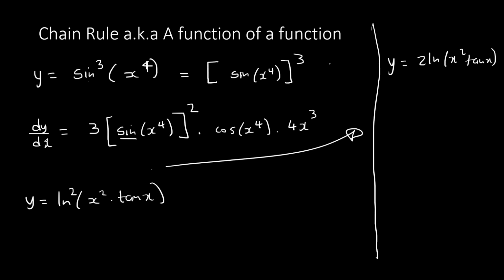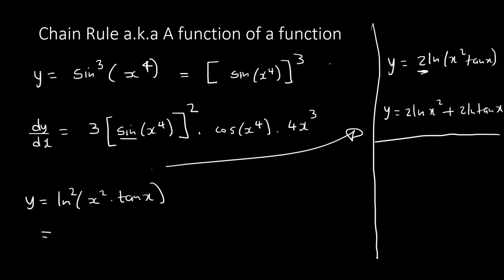And remember, this one inside you can also expand it to 2 ln x squared plus 2 ln tan x to avoid having many things. But if we just apply quotient rule from here, let's say you didn't do this 2 ln, you will still get the same answer. Let's see.